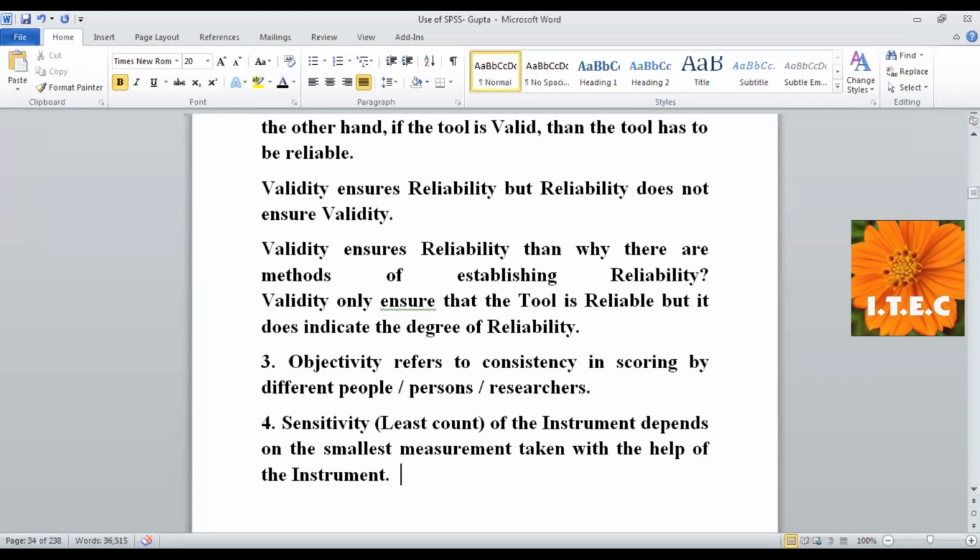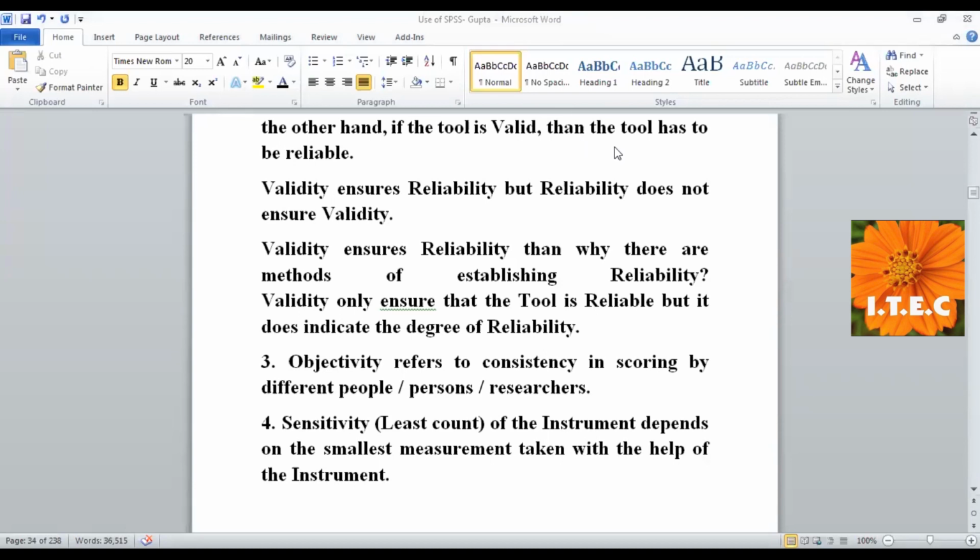Now in science, all instruments are very, very sensitive. The more sensitive the instrument is, the more costly it will be. And that is why in science, the instruments are very, very costly.